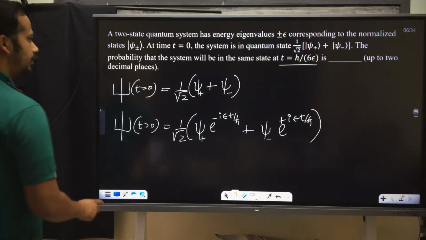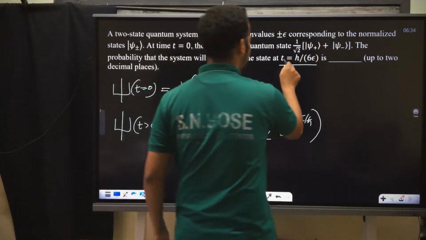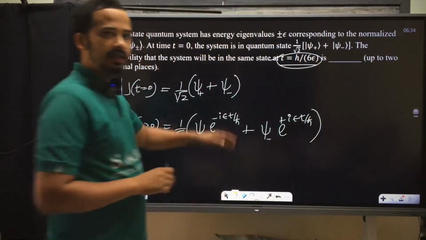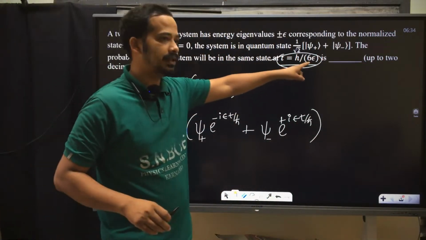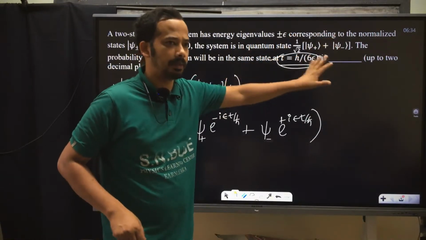Now you find the probability that the system will be in the same state at t equal to this one. At t equal to h by 6E, you have done the measurement, and he's asking for some probability. Let me discuss that.